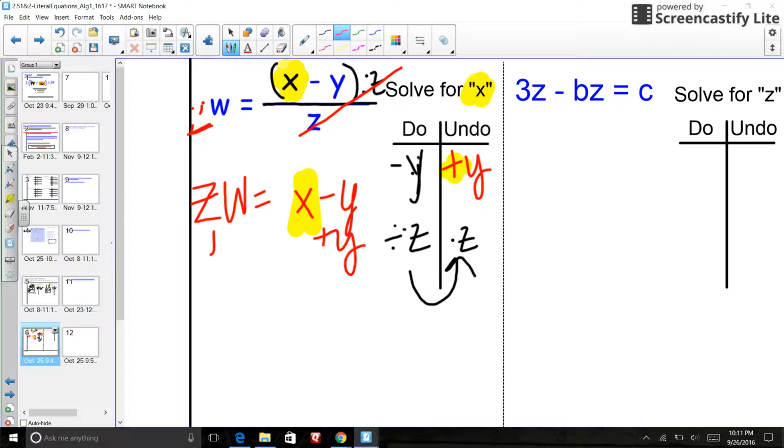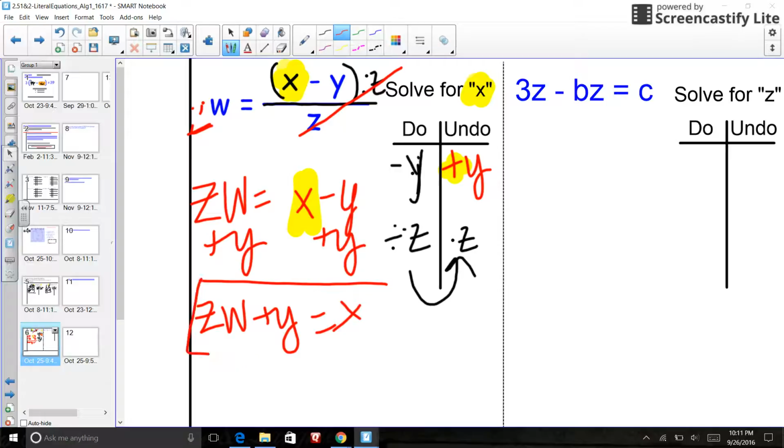So I plus y to both sides, and I end up with z times w plus y equals x. That's all I need. So today, you're not ever going to get a number answer out of any of these. You are going to get just a whole bunch of letters reorganized.